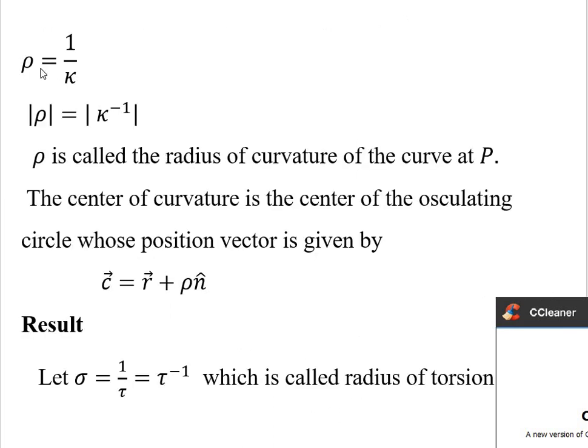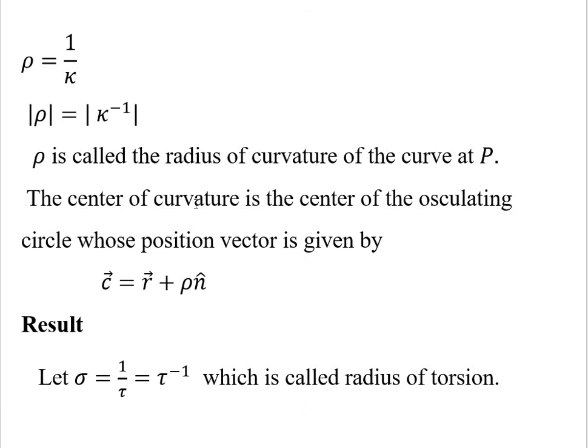From this we write rho equal to 1 by kappa, and mod rho equal to 1 by kappa units. That rho is called the radius of curvature at the point. It is a very important result. In the future, if you attempt any competitive exam, a question may be asked from this, such as what is the radius of curvature.